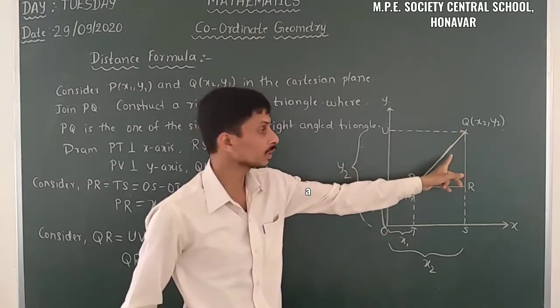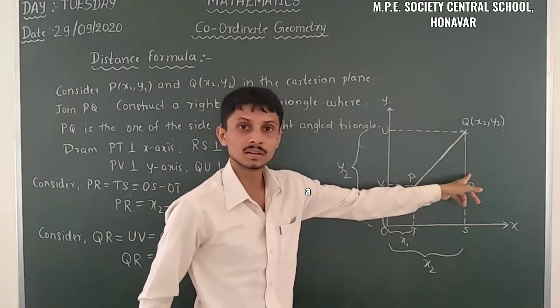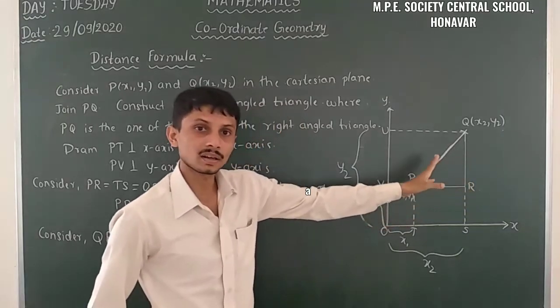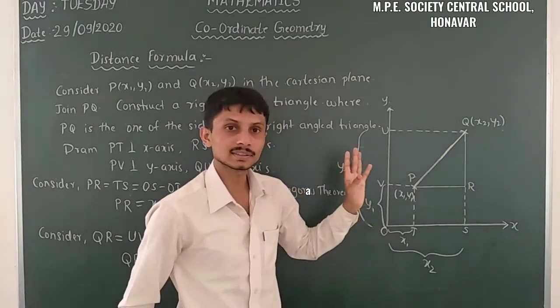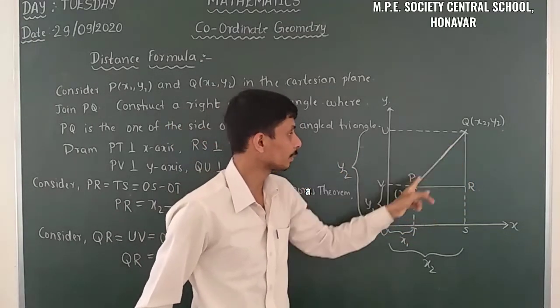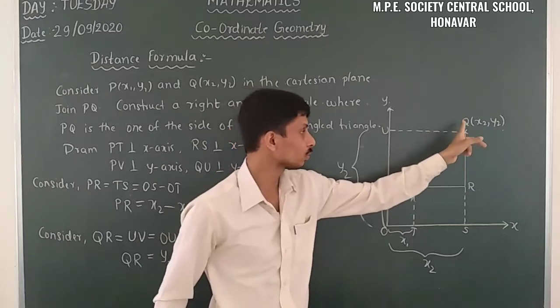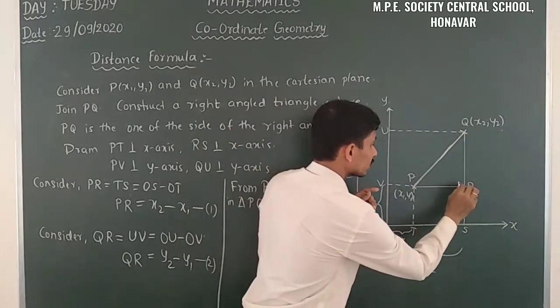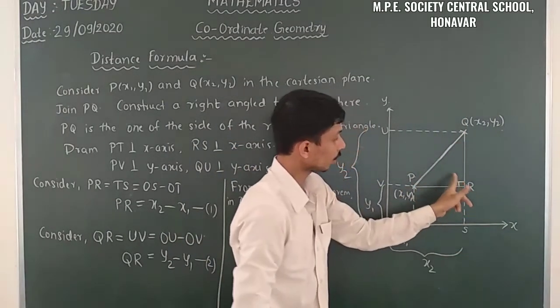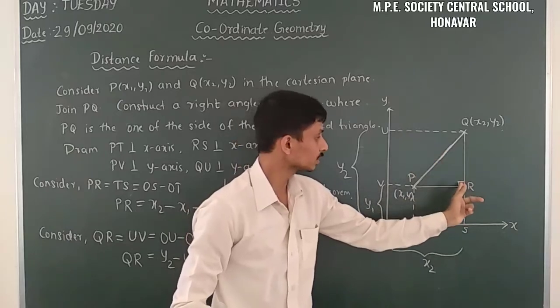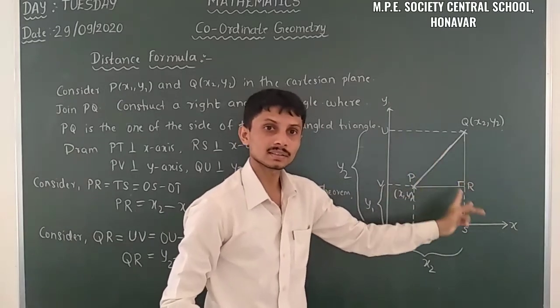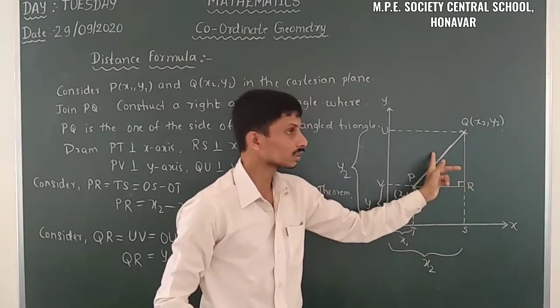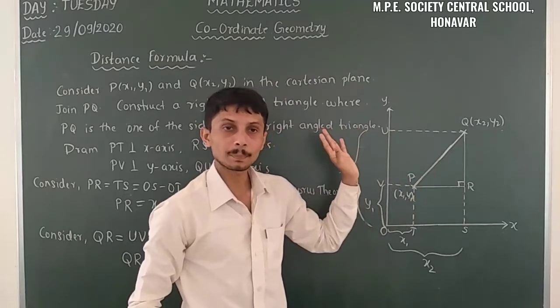Here it is the hypotenuse, and here the adjacent and opposite sides. Since this is the 90 degree angle, the side opposite to this right angle is the hypotenuse.